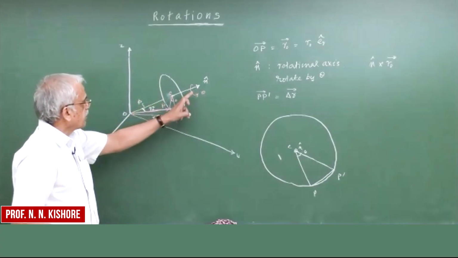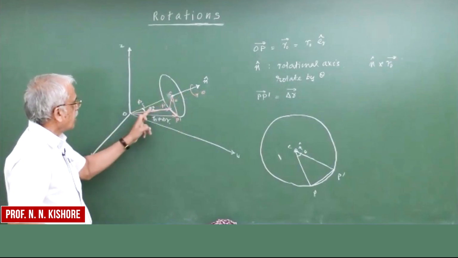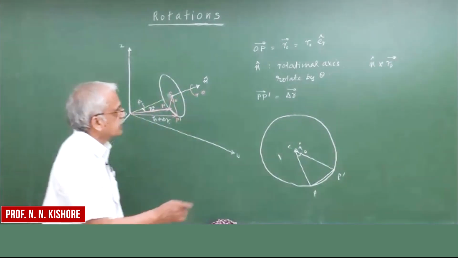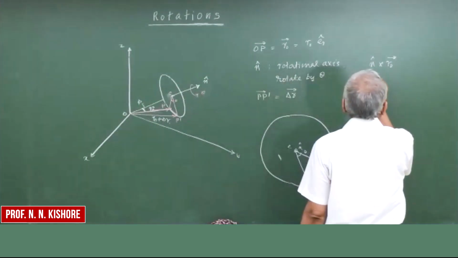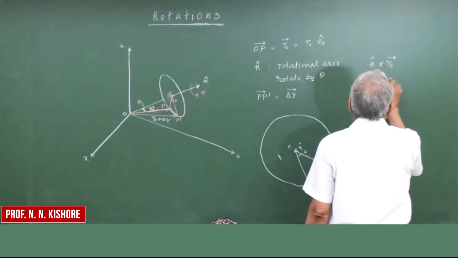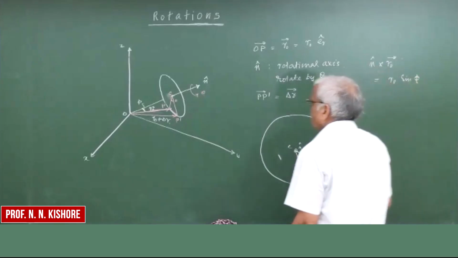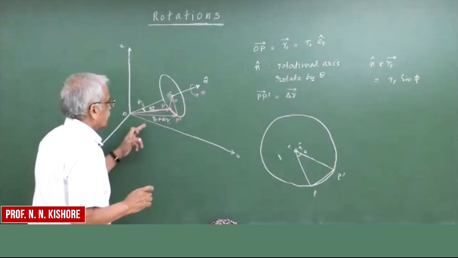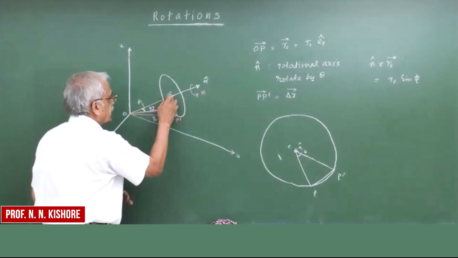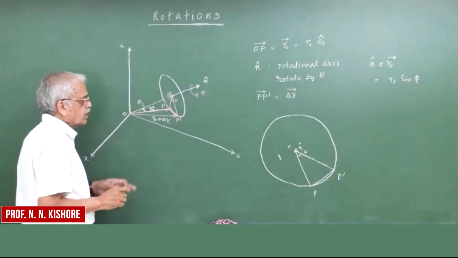The magnitude is N R naught, which equals R naught sine phi. So if it is R naught sine phi, can you find out what it is?